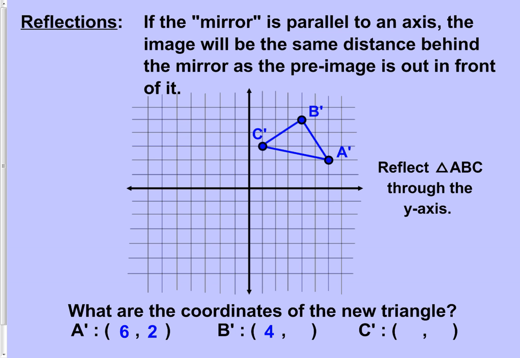B prime is 4 units out on the positive side of the x-axis, and still 5 units up on the y-axis. C prime is now aligning with 1 on the positive x-axis and is still up at 3 on the y-axis. So there's your coordinates of your reflection.